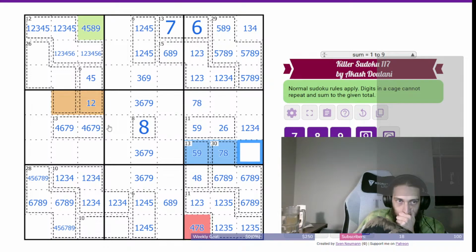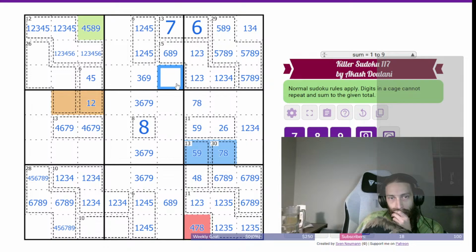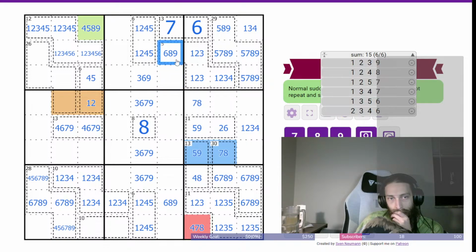All right, the 15 cage, and that's from box 2 to 3. If the outside is 6, then it's 2, 3, 4.